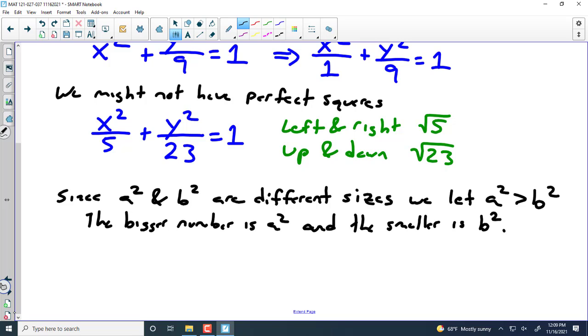Of the two numbers, which are always going to be different sizes, a squared is actually the bigger one. So when someone talks about a squared and b squared, they mean the bigger number and the smaller number. A squared is always bigger.